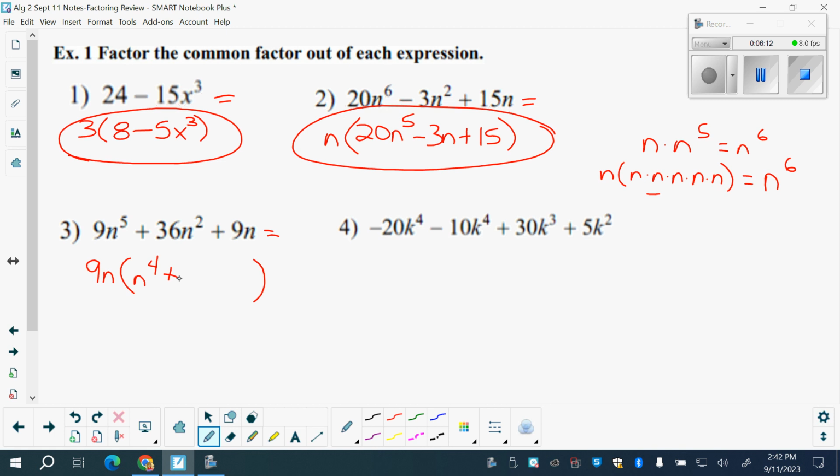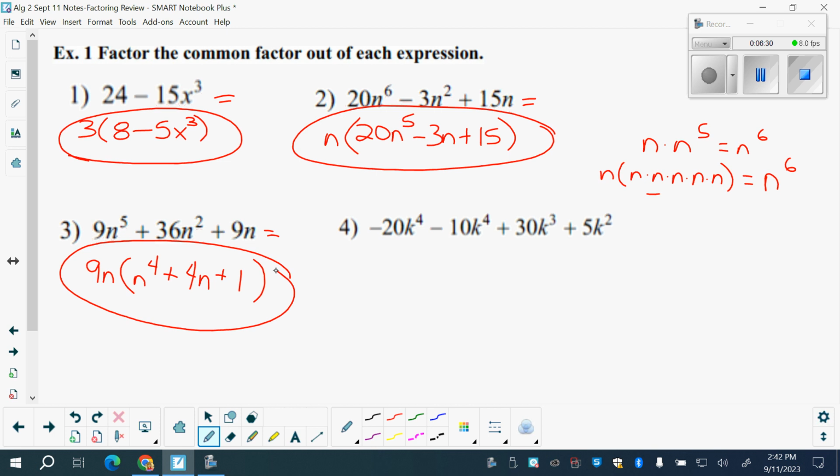Okay, so 9n times what gives us 36n squared? 4n. Again, we're adding those exponents. And then 9n times what gives us 9n? 1. So plus 1.